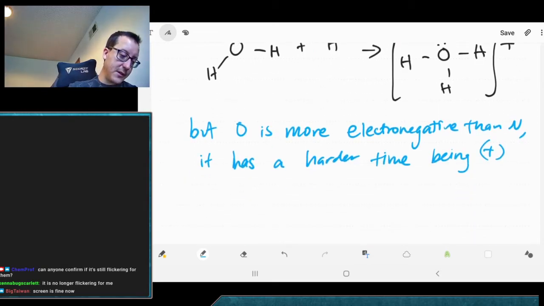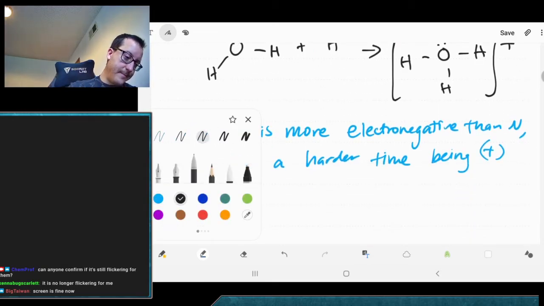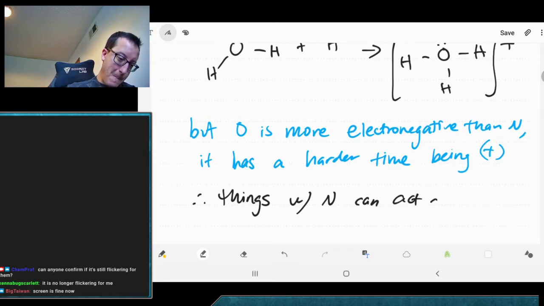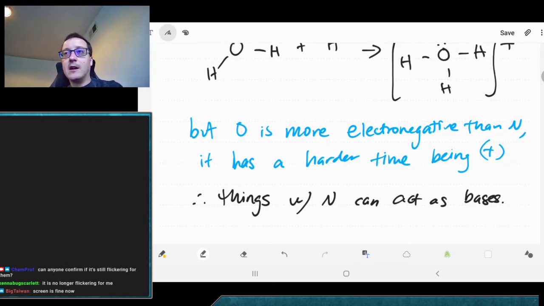So we're going to see that nitrogens, the point of all this, are things that will act as bases. If you've taken biology, you know that DNA is made of sugar, phosphate, and a nitrogenous base.